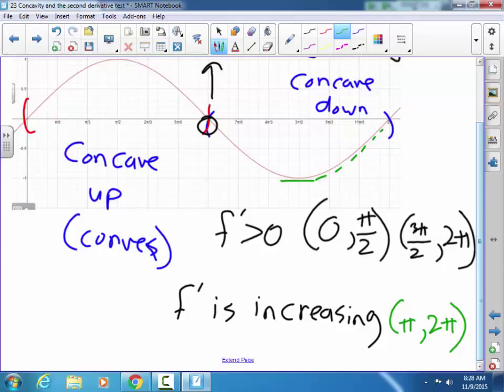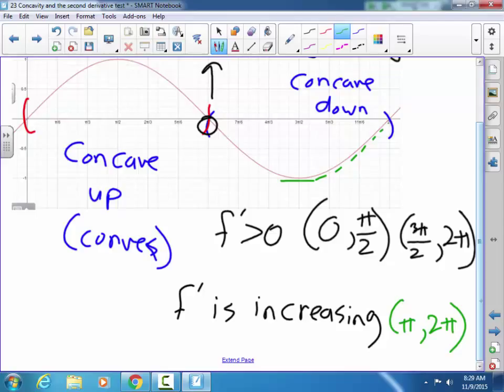Now let's talk about f prime right here. Looks like it's a positive slope, but it's getting less positive all the way up here to 0, and then it's getting negative and more negative all the way to there.